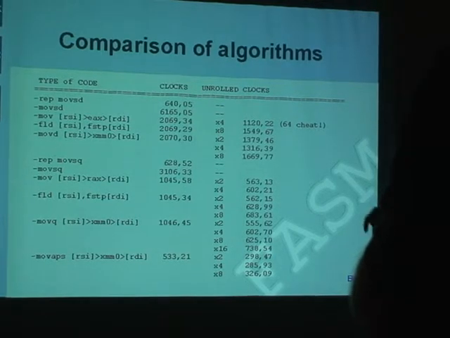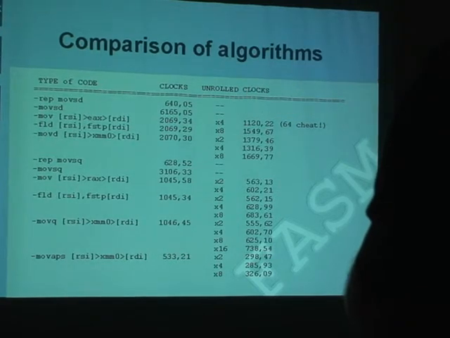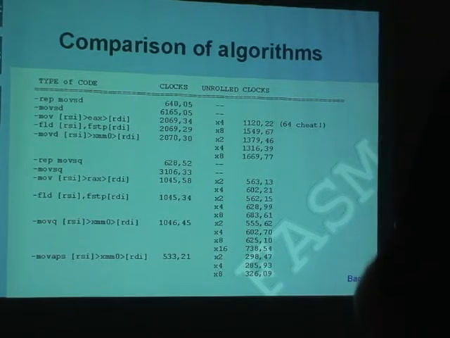And this is where I did some unrolling. And we can see that the best way to go is replicating the move instructions with dword, and you can get the best clocks out of a loop.